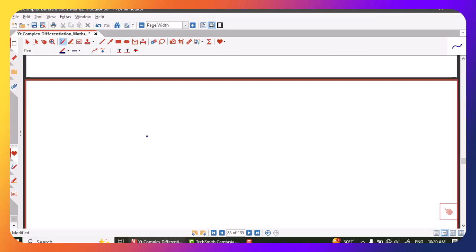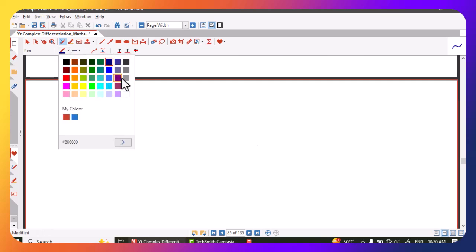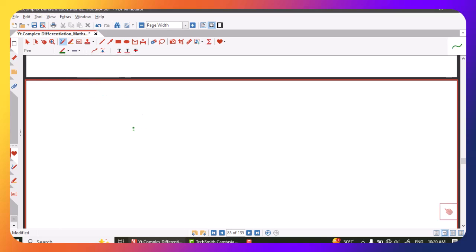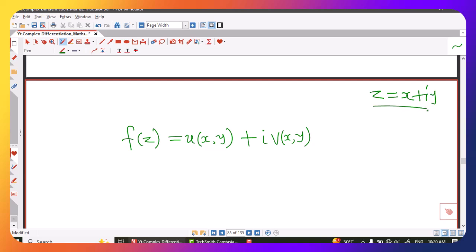Now we are familiar with analytic functions. We know that if we have a function f of z, then we can express it in this form, u(x,y) plus i into v(x,y), by taking z equal to x plus iy in the formula of the given complex function.